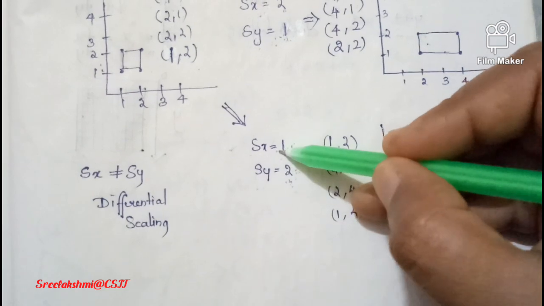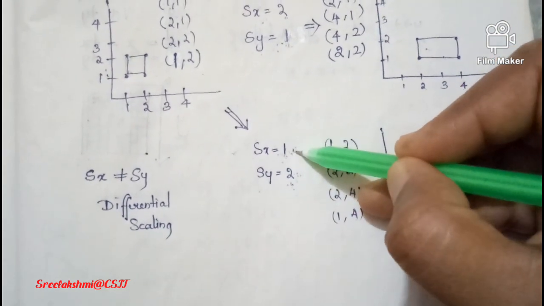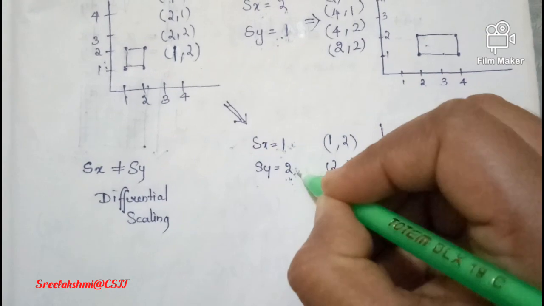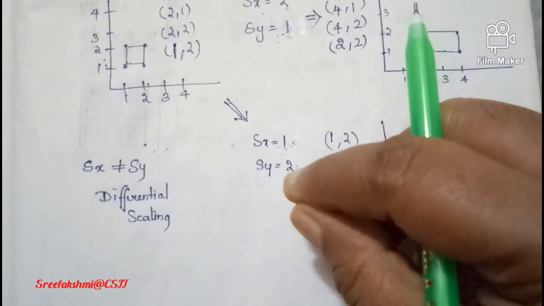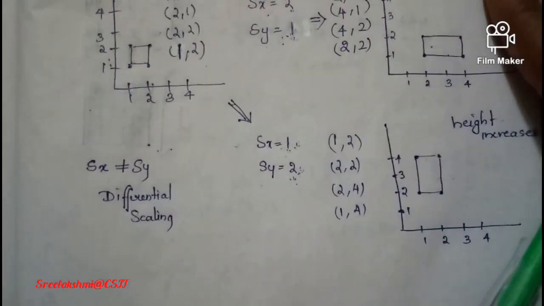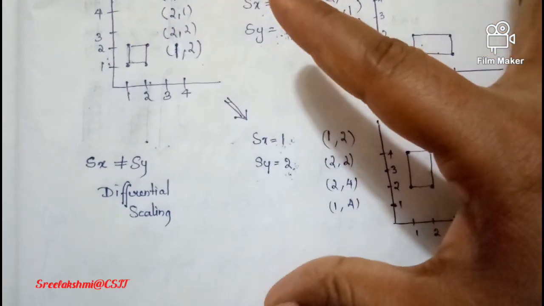This is because Sx equal to 1, that is, there is no change in horizontal direction. Object size will not be changed in the horizontal direction, but since Sy is not 1, the size of the object will be changed in the vertical direction. That means in this situation width will be same but height will increase.